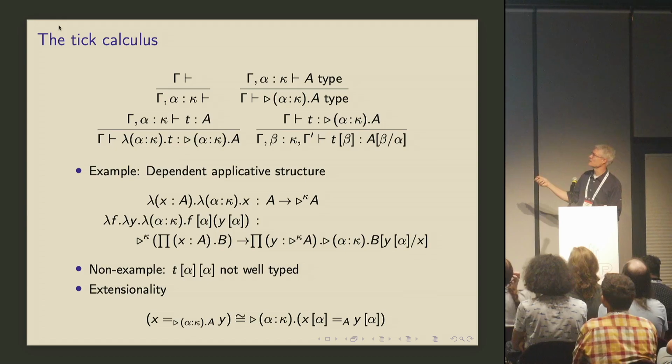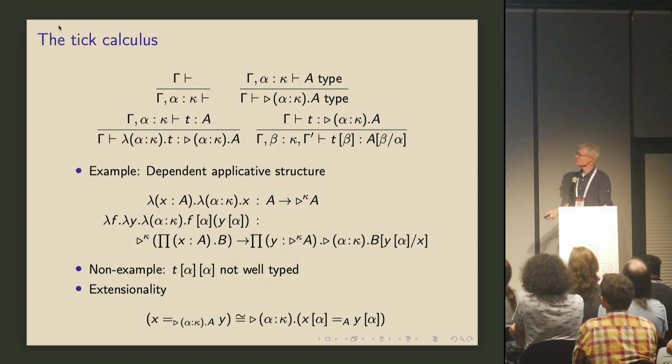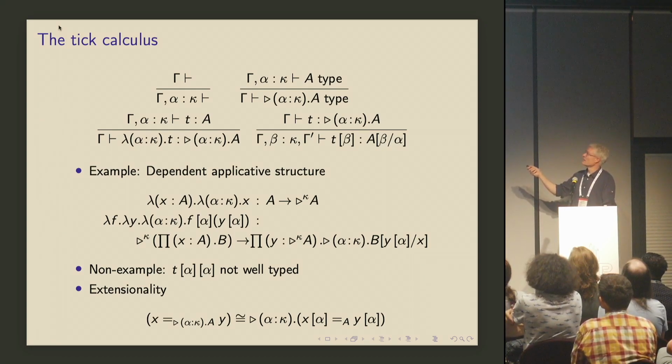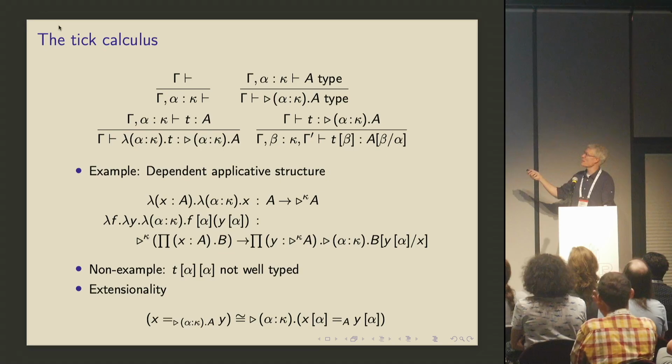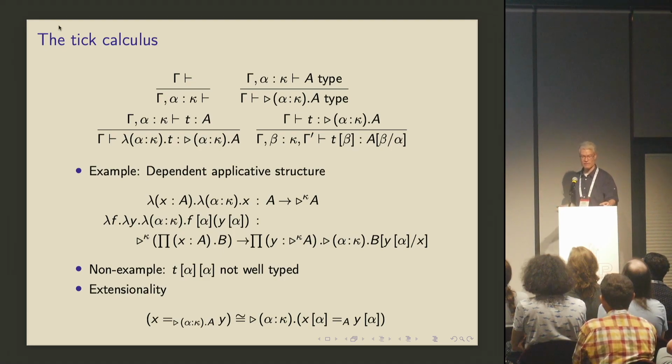The alpha can appear in A, so that's why I mention it here. And then the application here says if T has a later type at time gamma, then at this time here, since beta has happened, one time step has passed, we can open T to get the thing out of type A, using beta, that T is supposed to deliver after one time step.